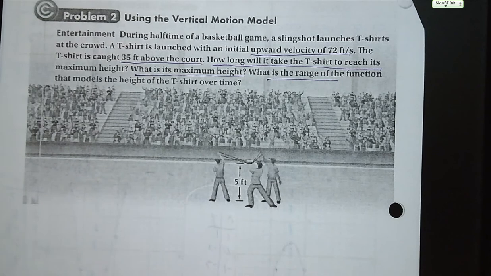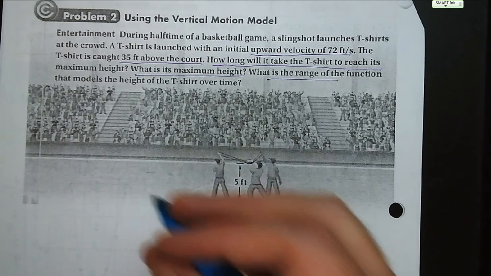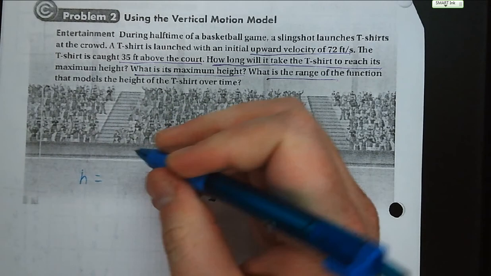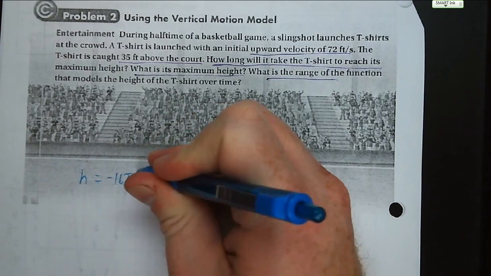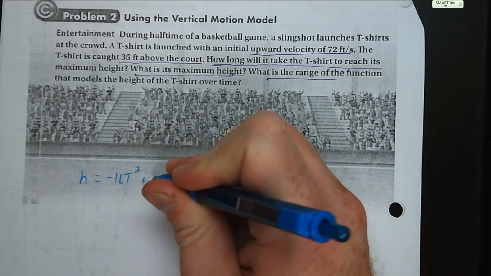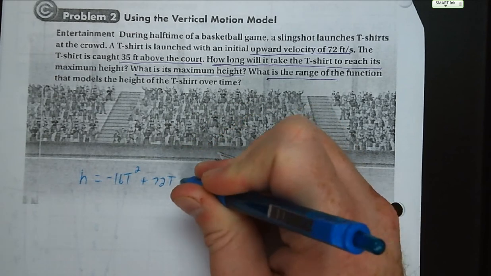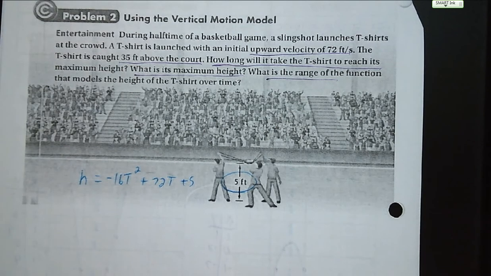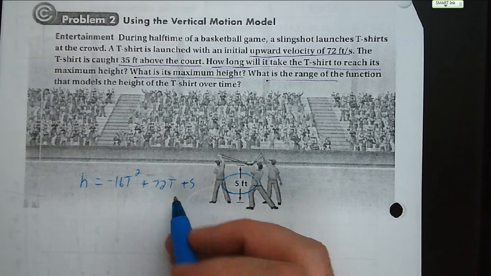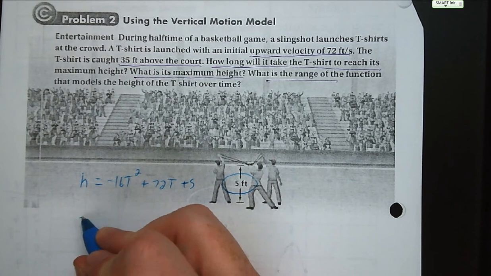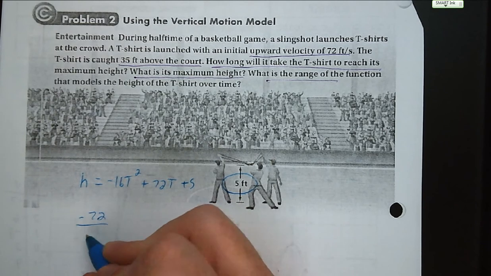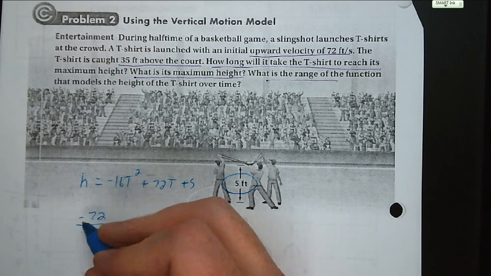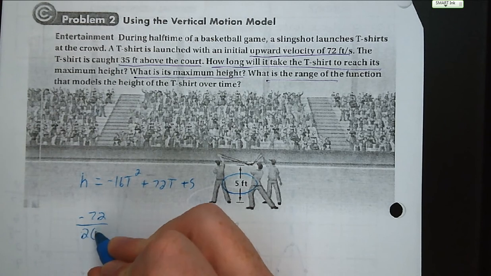So let's start by finding our vertex. We need our equation, -16t squared plus 72t plus 5, because 5 is our initial height. We get our vertex, which is the opposite of b, so -72 over 2 times -16.